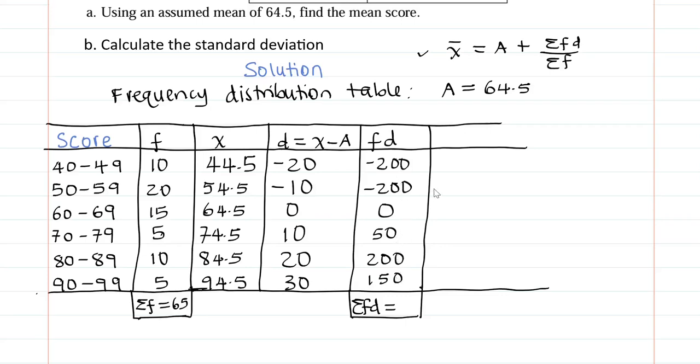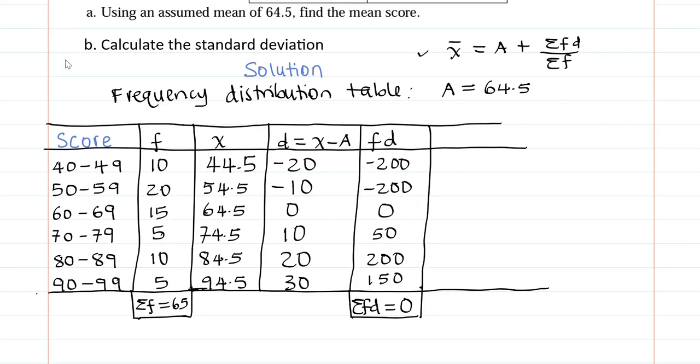So on adding, let me press my calculator. On adding, I'm getting 0. Because here we shall have negative 400 and also down here we shall have positive 400. So the summation of FD is 0.